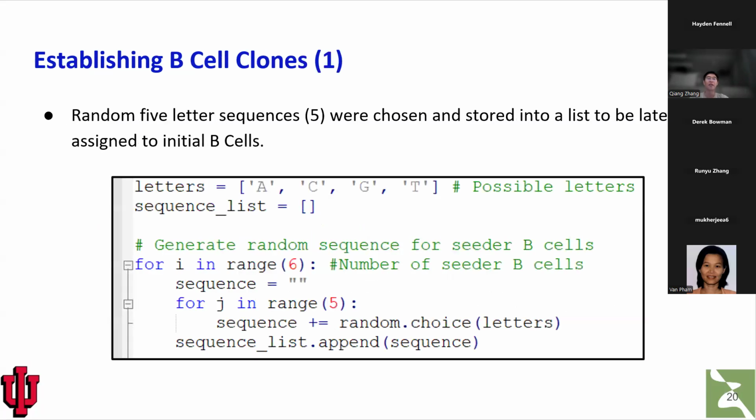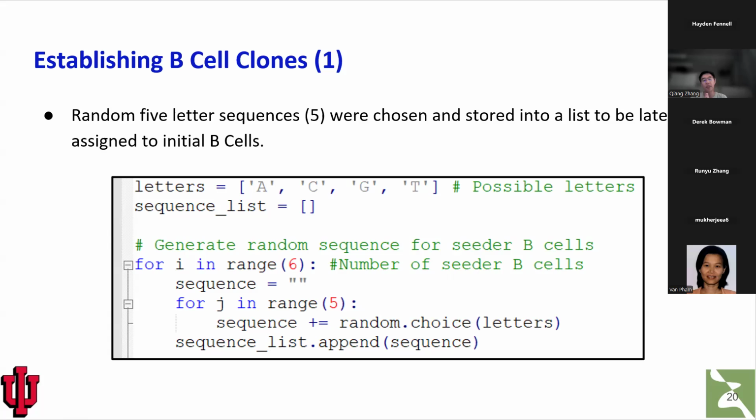And then the next thing you want to do is to establish the B cell clones that seed the germinal center. Each B cell clone will have an antigen sequence that's slightly different from each other, which also means their affinity for that antigen sequence will be different.